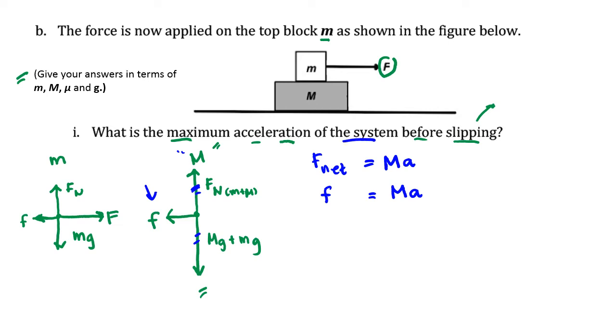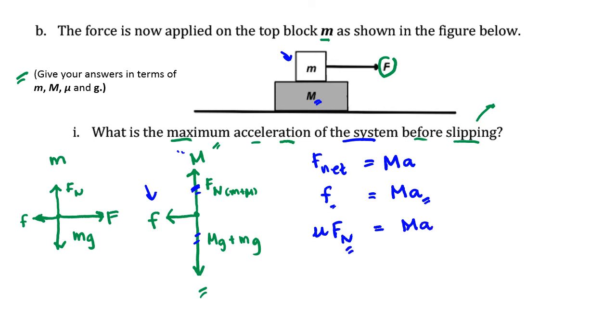Remember that the acceleration of the bigger block should also be the same as the acceleration of the smaller block, because they're moving together as one. And here, our friction once again is just mu multiplied by the normal force with which the friction is associated, equal to capital M times A.